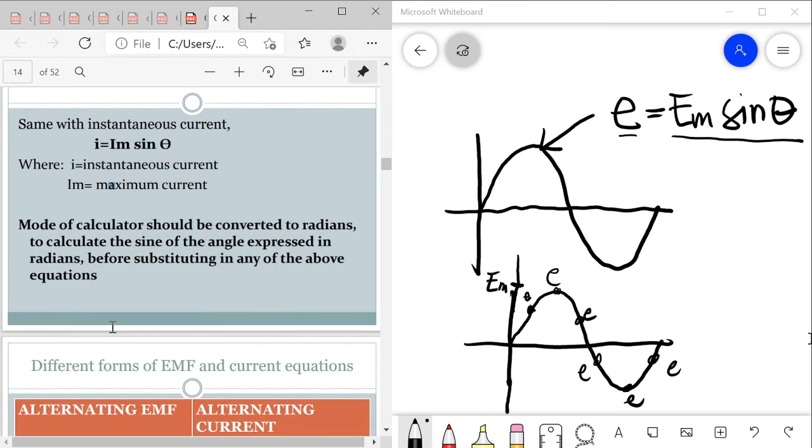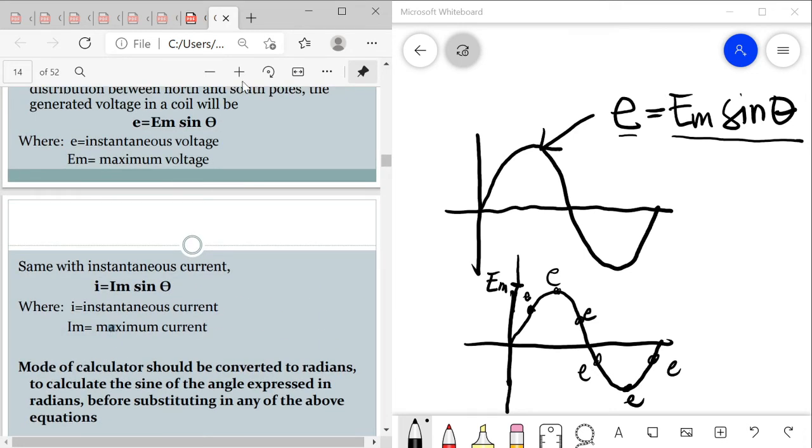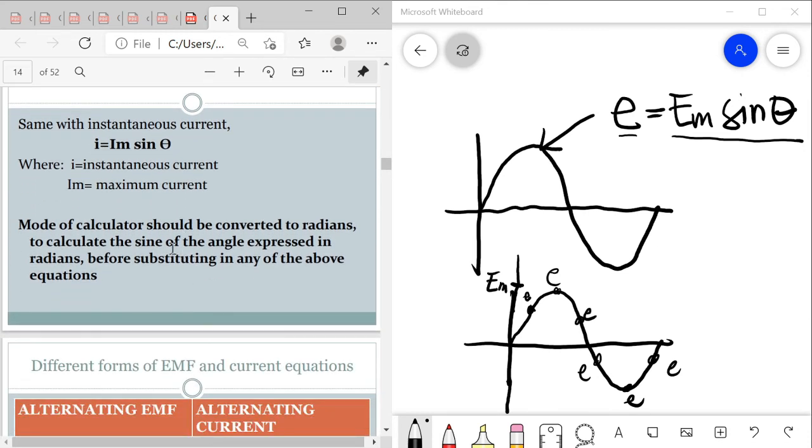So the mode of the calculator should be converted to radians to calculate the sine of the angle expressed in radians before substituting in any of the above equations. So if we are using this formula, Em sine theta, be sure that your calculator is in radians.